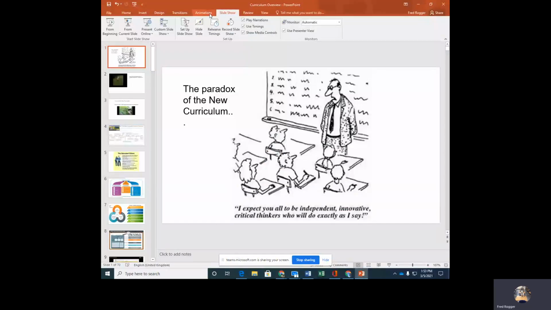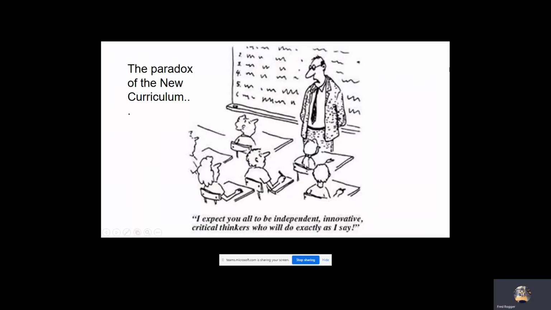is a hilarious cartoon. This cartoon kind of epitomizes the paradox to me in the curriculum, that the 21st century learner is expected to be independent, innovative, and critical, and we have to get them there.